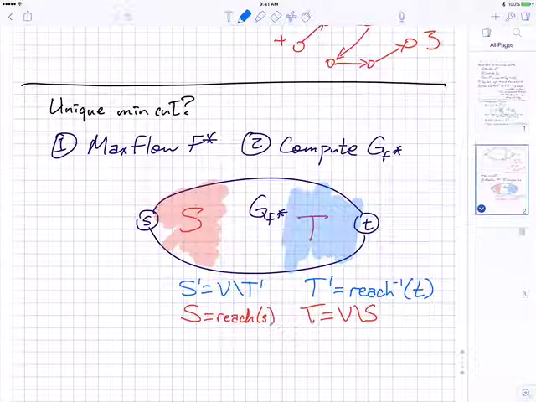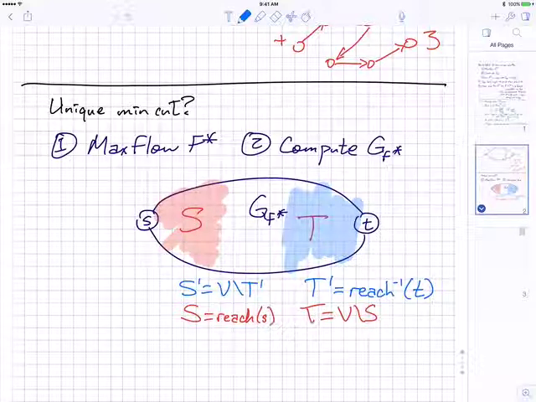If S and S prime are equal and T and T prime are equal, then there's one minimum cut. If they are different, then clearly I found two minimum cuts. The harder thing to prove is that if these two cuts are equal, then these are the only cuts.